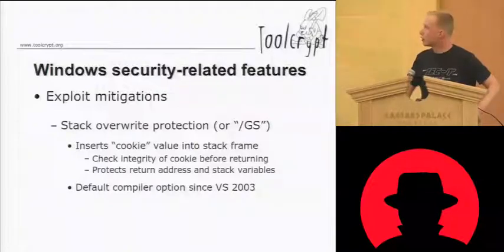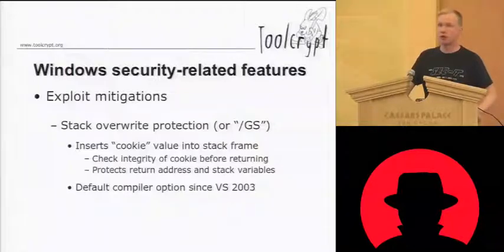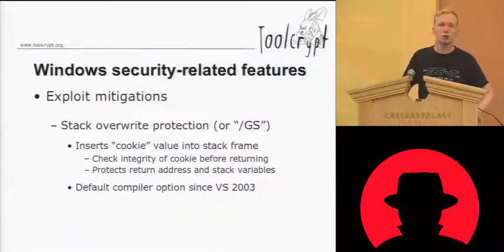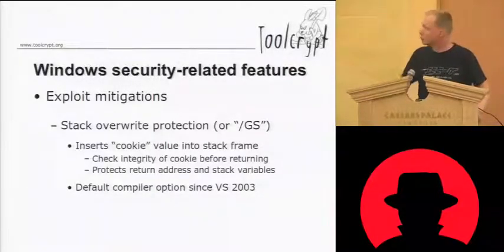So we'll start with GS or stack overwrite protection. This is one of the first exploit mitigations that Microsoft put in place, and it's developed quite a lot during the years. So with each new release of the toolchain with Visual Studio, it gets better and better and harder to circumvent.